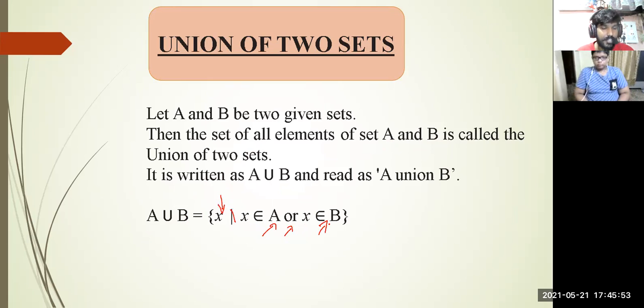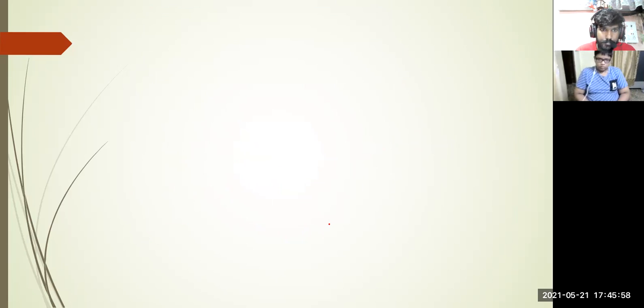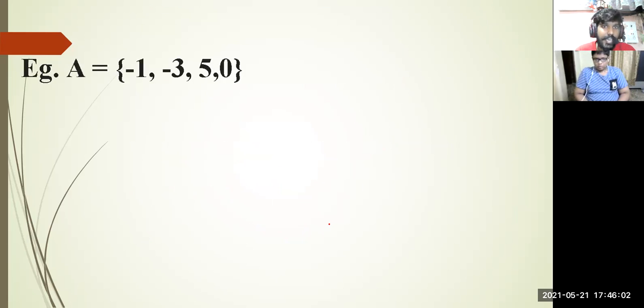Even if they repeat, you write them just once. Let's see an example. You'll have a better understanding. A is -1, -3, 5, 0, and B is 0, 3, 5.